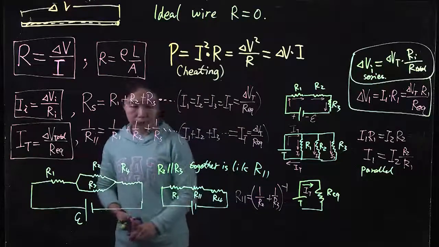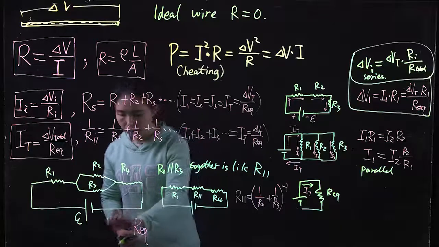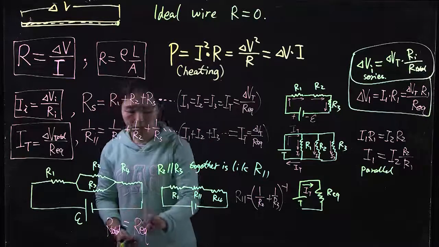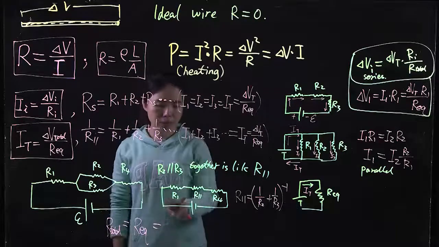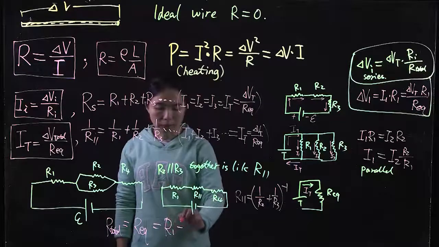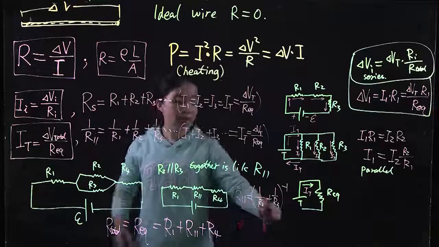Once that is done, the total resistance, R total, is equal to R equivalent. We have 1, 2, 3 of them in series. So that's R1 plus R parallel plus R4. Okay?